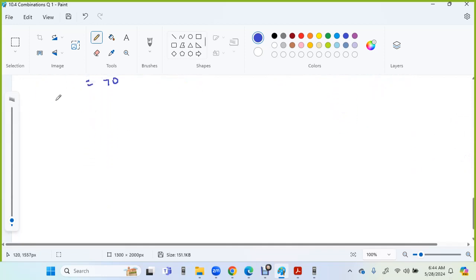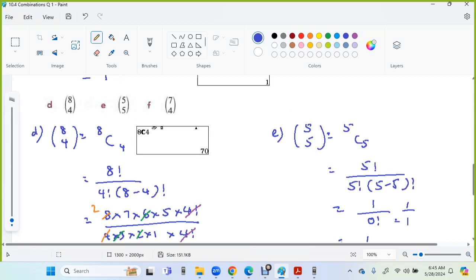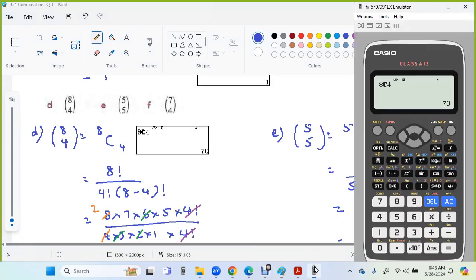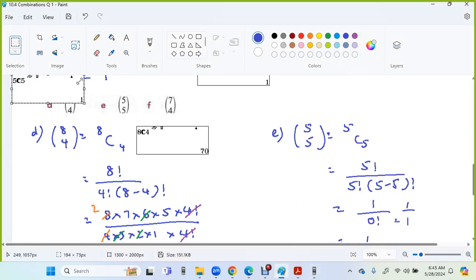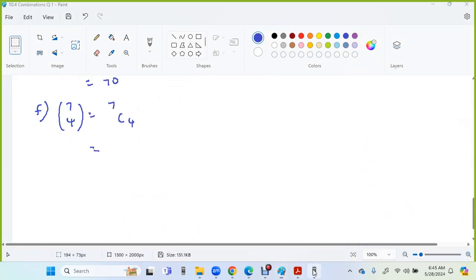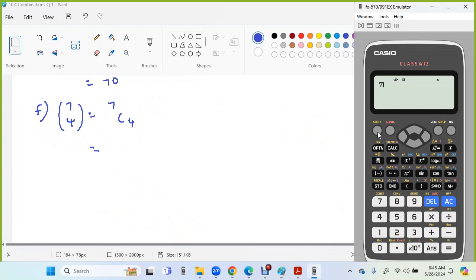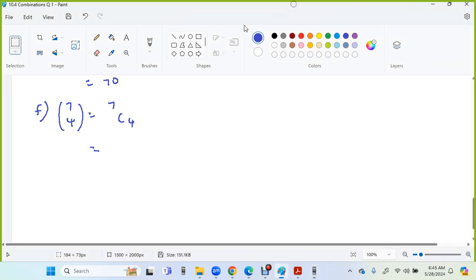So F here, we have 7C4. Then it is 7 choose 4. Okay, so just now this one is 5C5, so we have 5C5 here. Then it is 1. And then 7C4. Then it is 35.